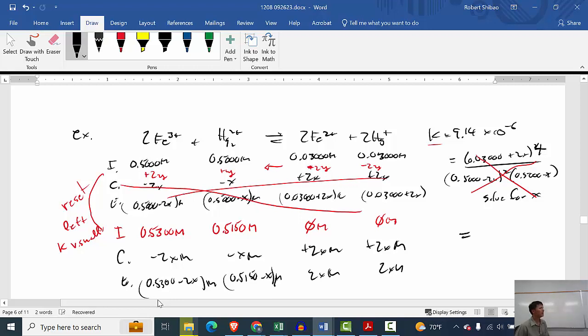So now let's look at this. When I plug this into K, it's going to equal 2x squared quantity times 2x quantity squared. So this is going to give me 2x to the fourth, divided by 0.5300 minus 2x squared, times 0.5150 minus x.